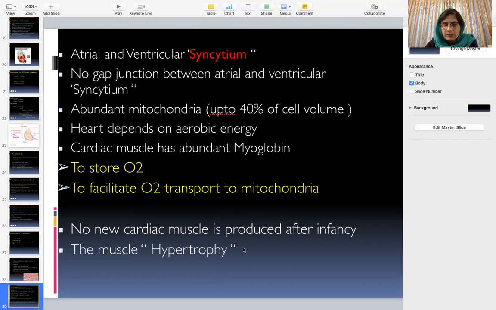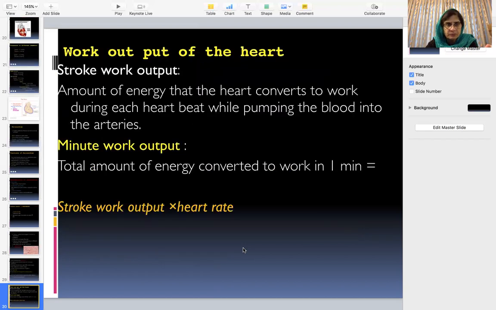No new cardiac muscle is produced after infancy. So once the heart is formed, it cannot be regenerated. The muscles only hypertrophy. I told you why there is hypertrophy and cardiomegaly when the heart has to pump against very high pressure. In hypertensive patients, the heart enlarges because it has to pump against a very high pressure.